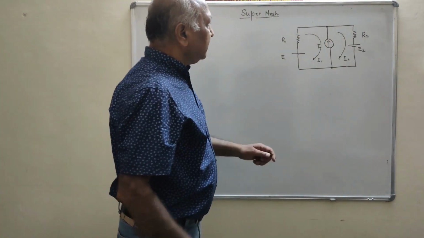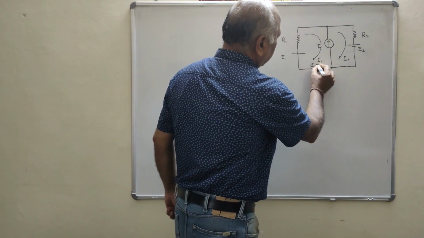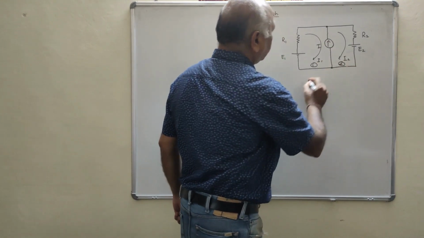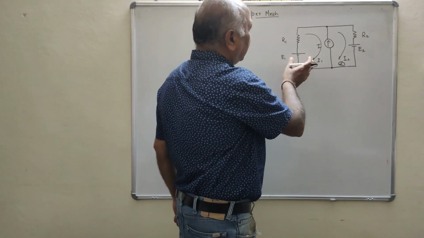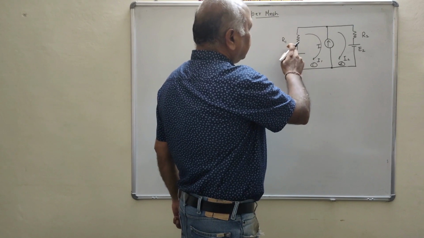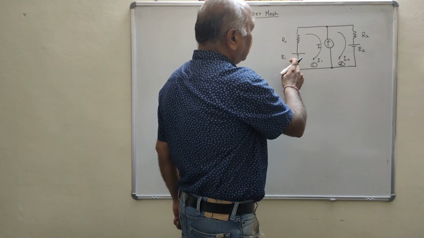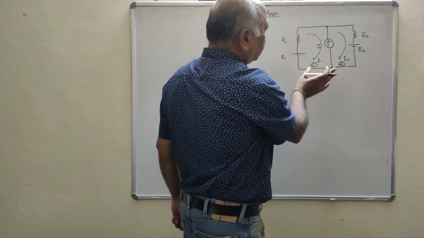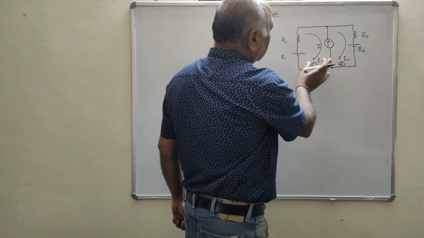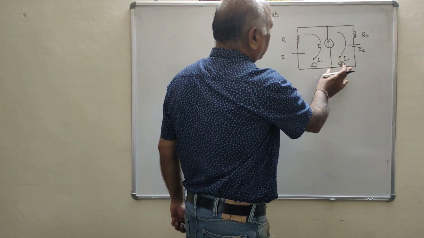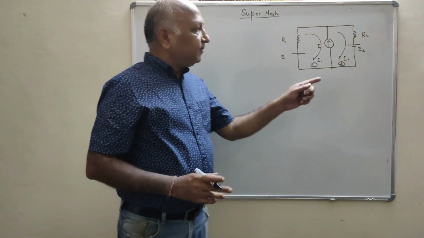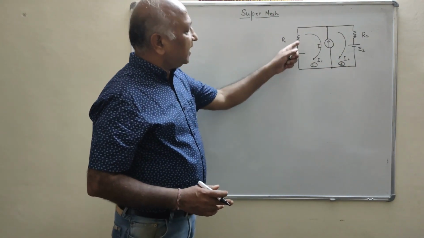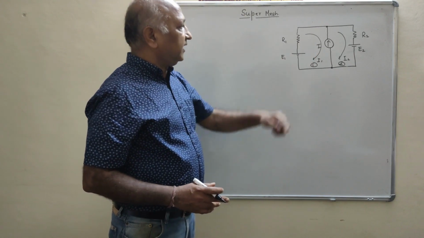If this is mesh 1 and this is mesh 2 and you apply KVL, you will find a voltage drop here, but here we are connecting a current source which is common to both mesh 1 and mesh 2. That means we cannot apply the KVL directly.